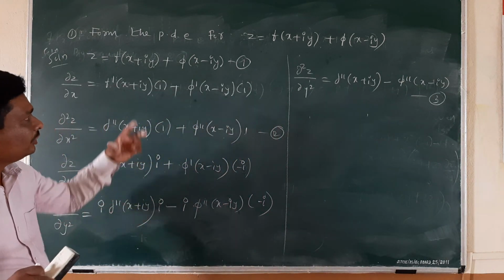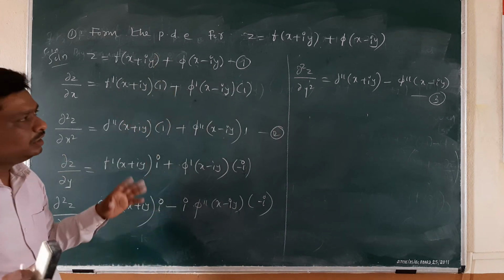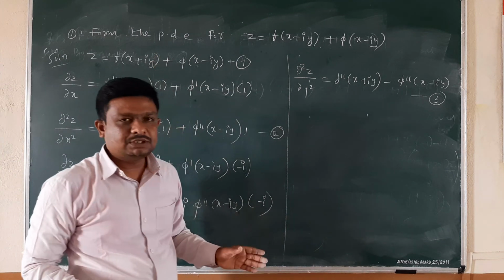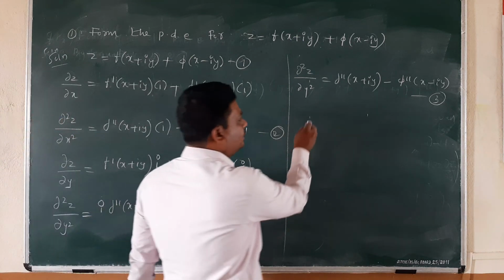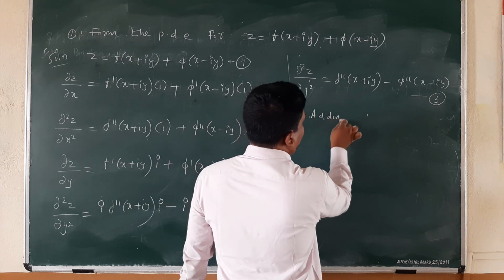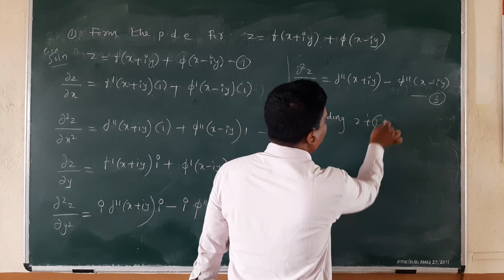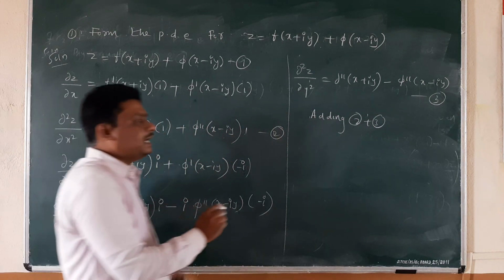Now we have differentiated the given function 2 times with respect to y and with respect to x. Now to form the partial differential equation, we have to eliminate the arbitrary functions. Therefore, what I do, I will add equation number 2 and 3. So I will add LHS separately and RHS separately.